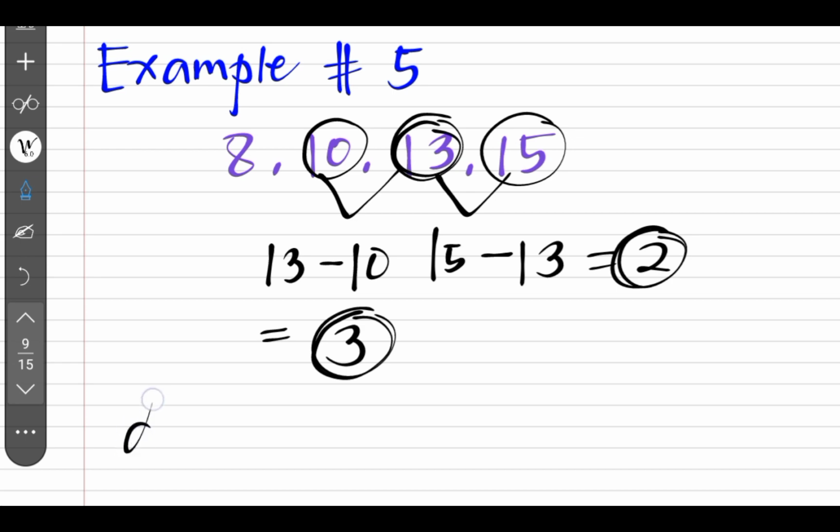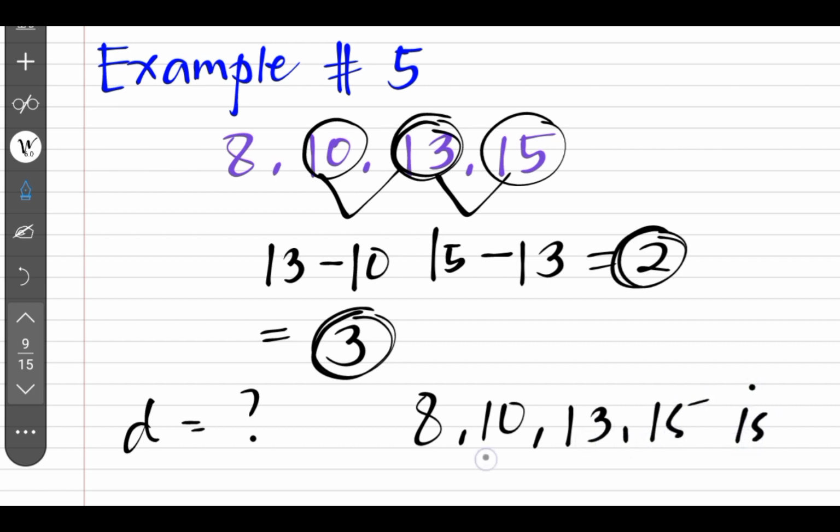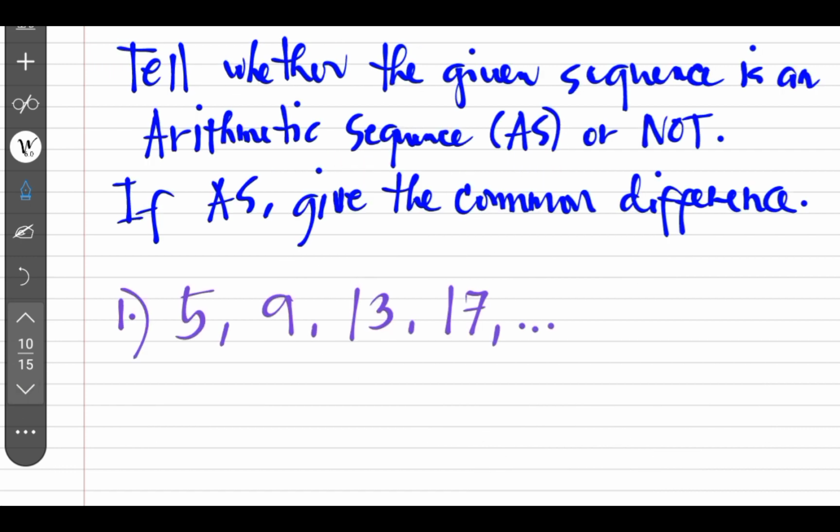Therefore, we have no common difference, and 8, 10, 13, 15 is not an arithmetic sequence. So, if the differences are not the same, even if only one differs, it is not an arithmetic sequence. Okay?